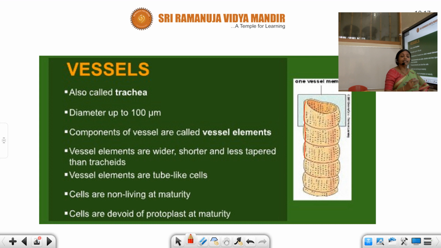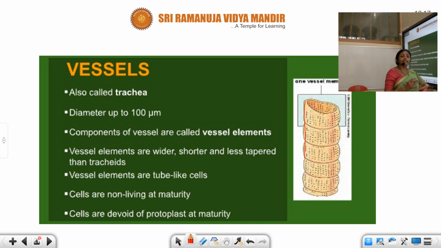So it is broader, and it is a column-like or tube-like structure. The components of vessels are called vessel elements.